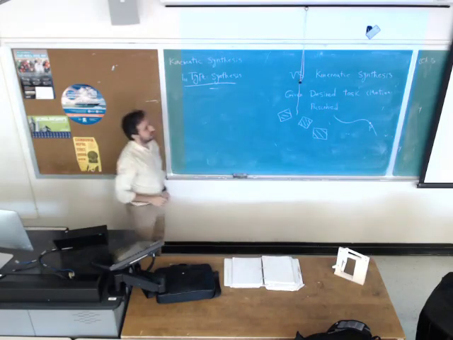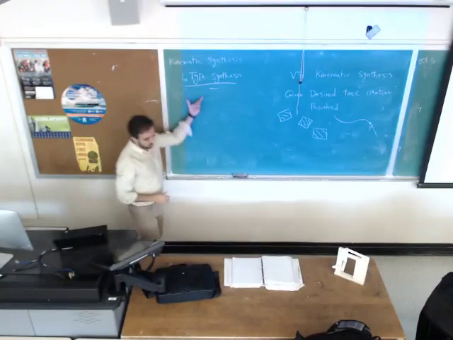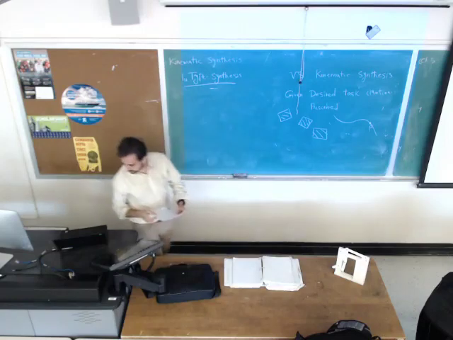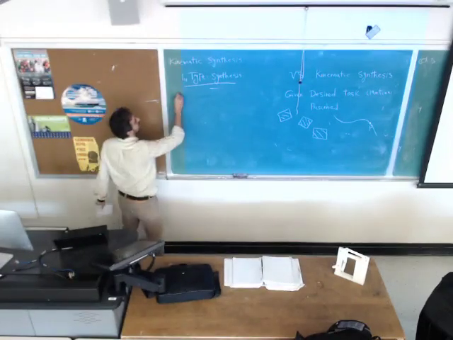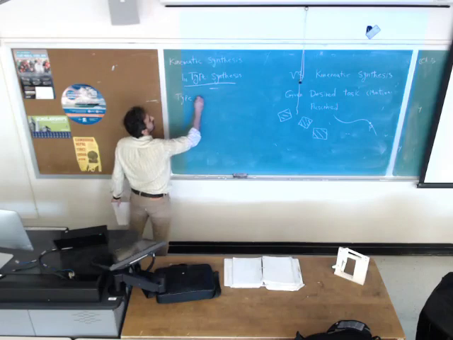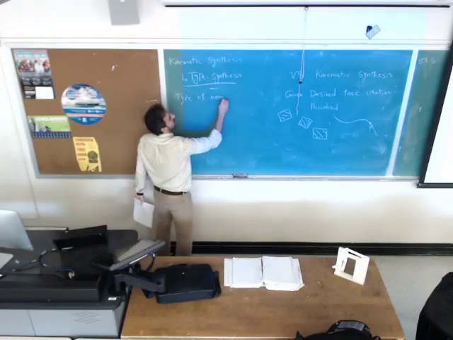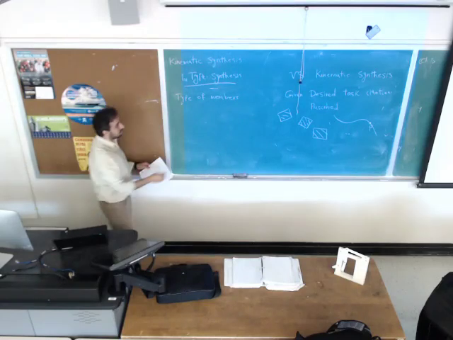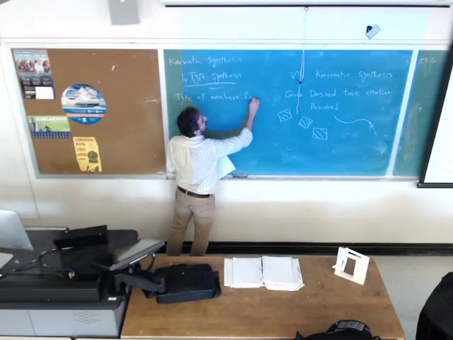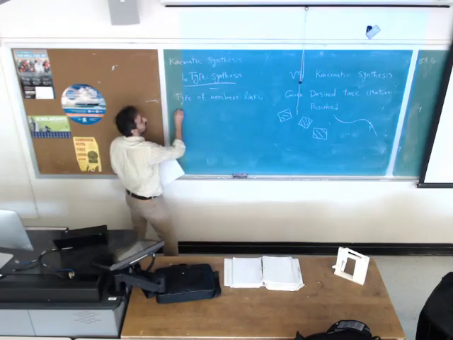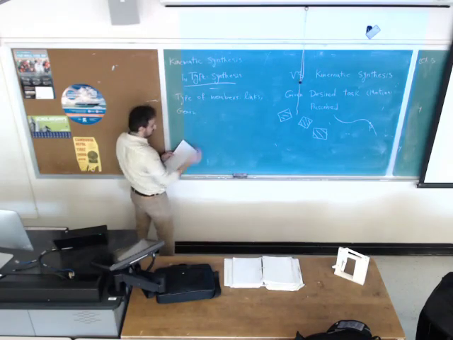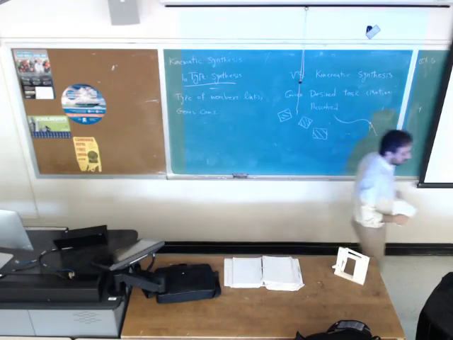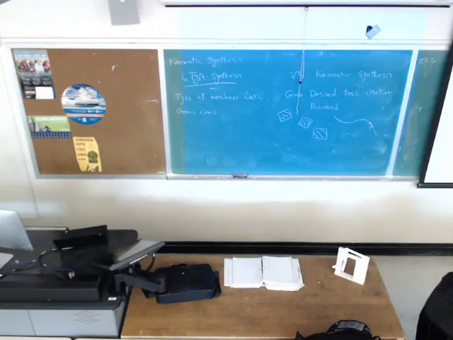You look at the desired task, and you should do these things. First, type of members. Do we need to have a linkage mechanism? Do we need to have gears? Do we need to have cams? So based on the desired task that you are given, what kind of members do we need to have?